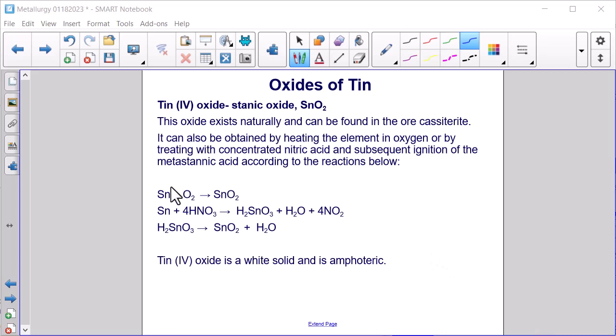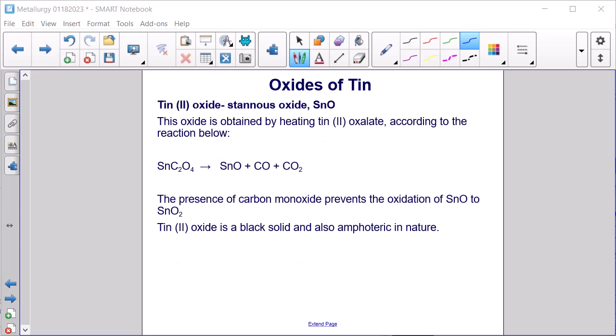So we have heating the element in oxygen to form SnO2, or treating the element with concentrated nitric acid, then taking that intermediate, igniting it, and getting the tin-4 oxide product. Tin-4 oxide is a white solid and is amphoteric.